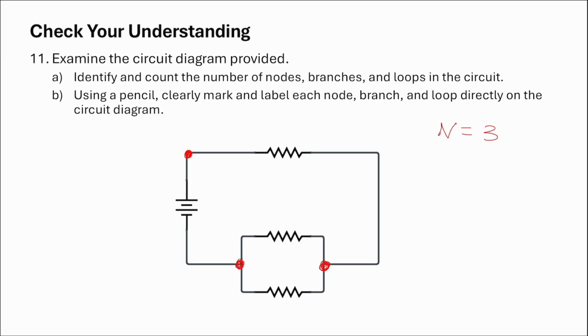Branches are between 2 nodes. So we have 1, 2, 3, 4. So we have 4 branches. B equals 4.